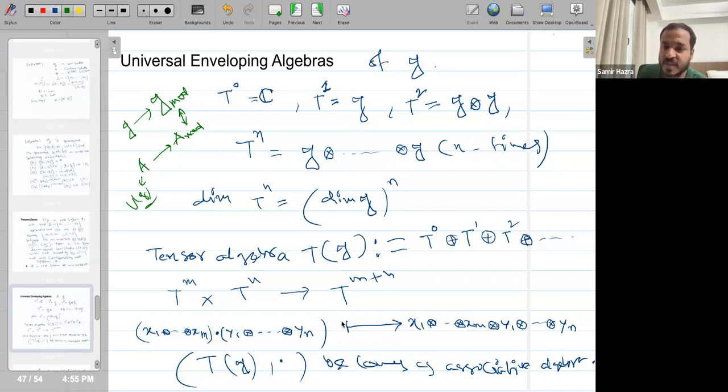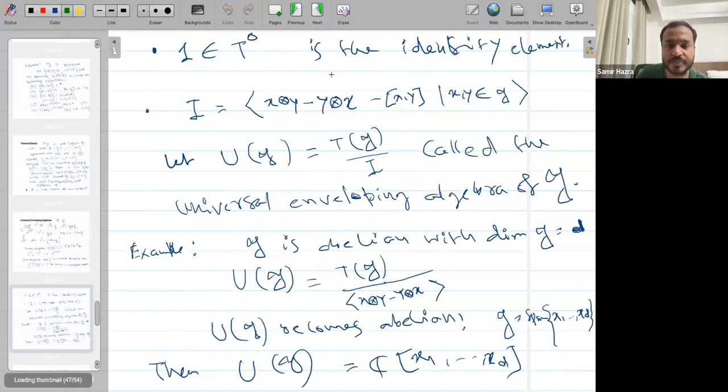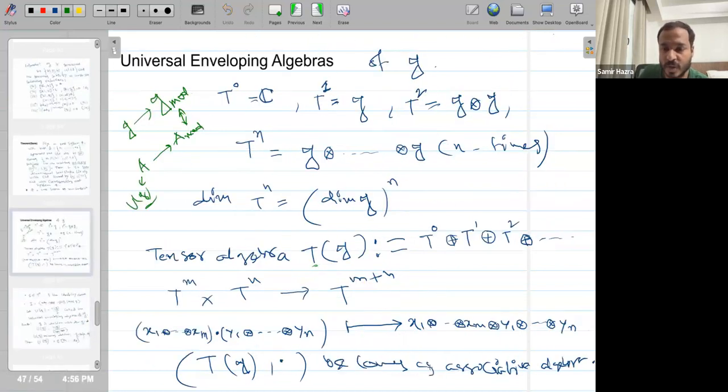So if we extend this linearly to all of T, then TG with this dot becomes an associative algebra, and this is called the tensor algebra over G. Okay, let me just go to the next slide.